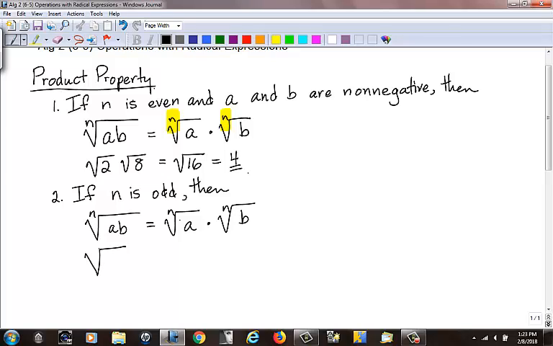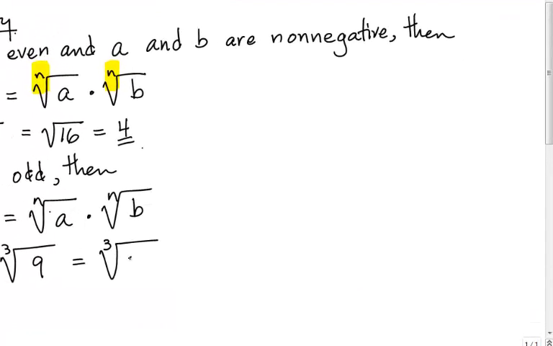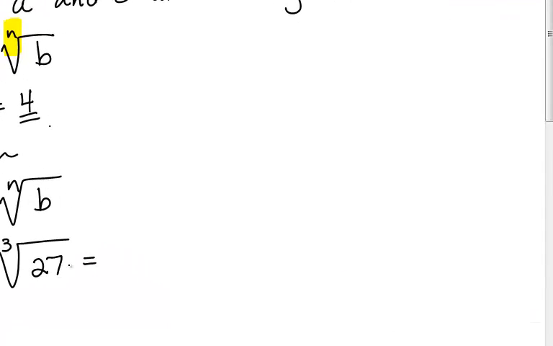If I said the cube root of 3 times the cube root of 9, then by this property, is there any restriction on the positive or negative inside? Not on this, because it's okay to have a cube root of a negative number. So you could put those together. It's the cube root of 27, and the cube root of 27 is 3. Final answer would be 3.